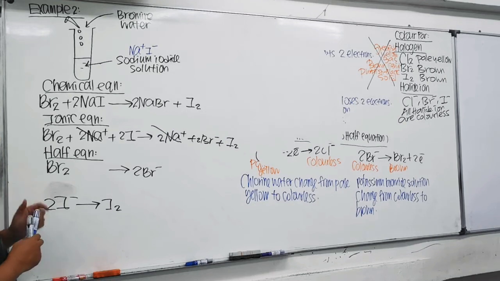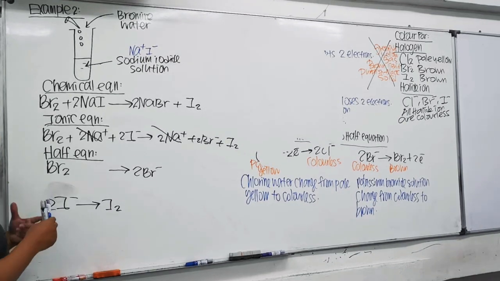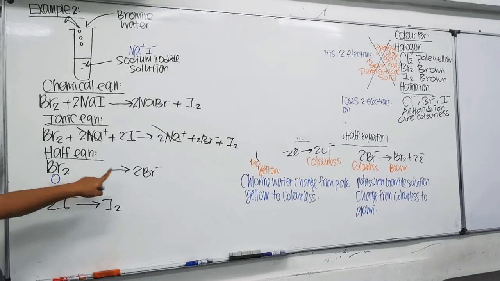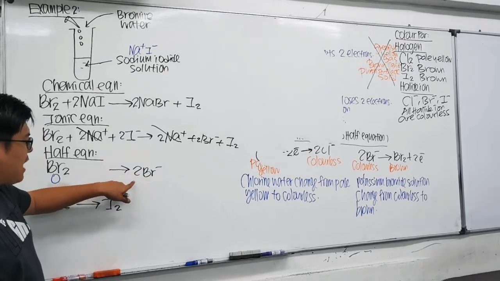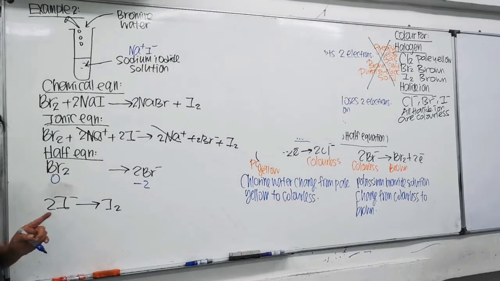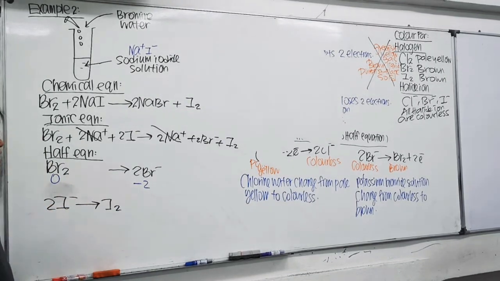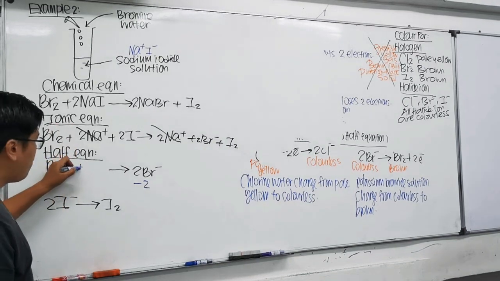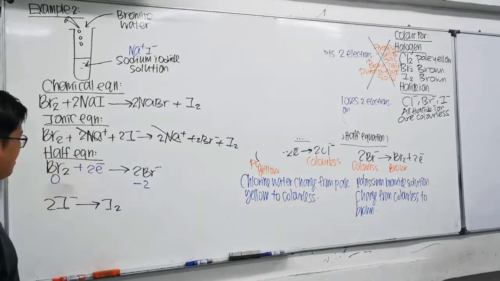Total charge on the left is 0. Total charge on the right is -1 times 2, -2. These are the total charge. 0 and -2 charge differ by 2. 2 electron is what we need. Put the electron on the more positive left hand side.